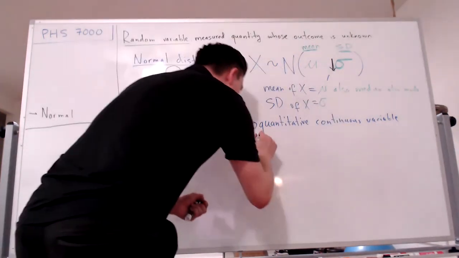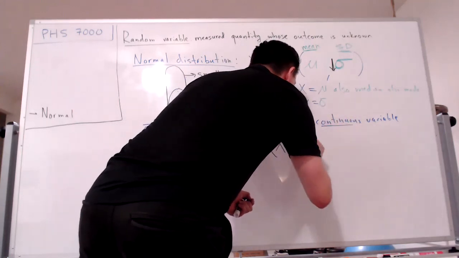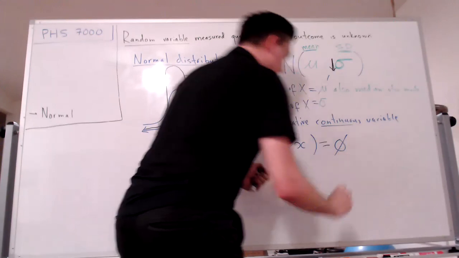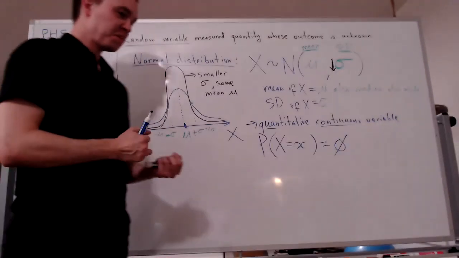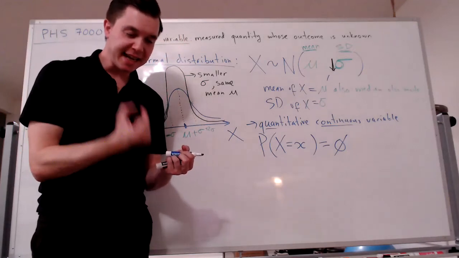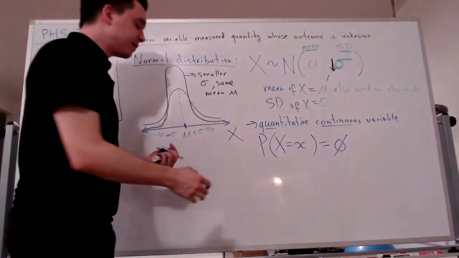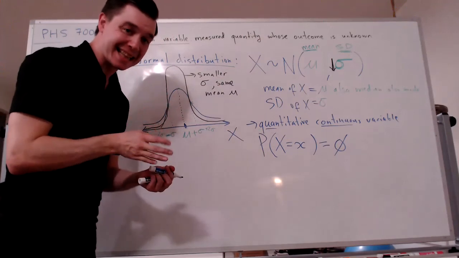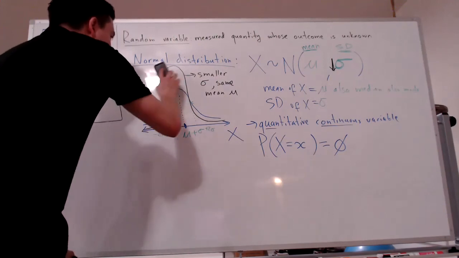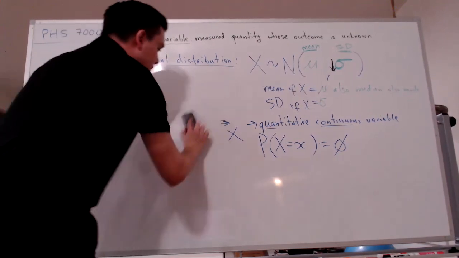And this means that the probability that a quantitative continuous variable is equal to an exact number is actually 0. Let that sit for a minute. Remember that you can always find a number between any two real numbers. The probability of us hitting one of those values exactly is 0. So the only thing we can compute is probability in intervals.